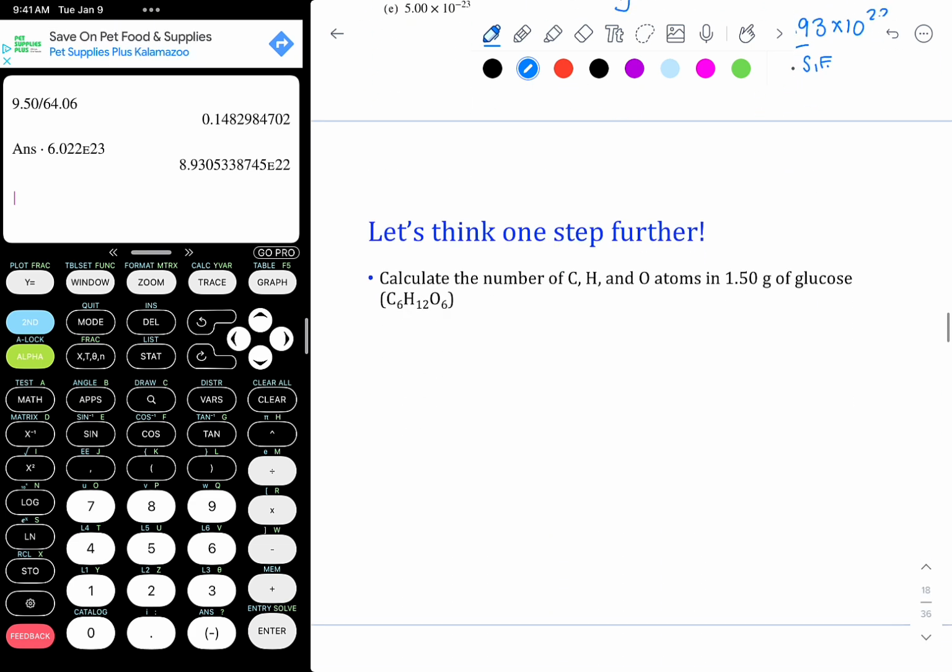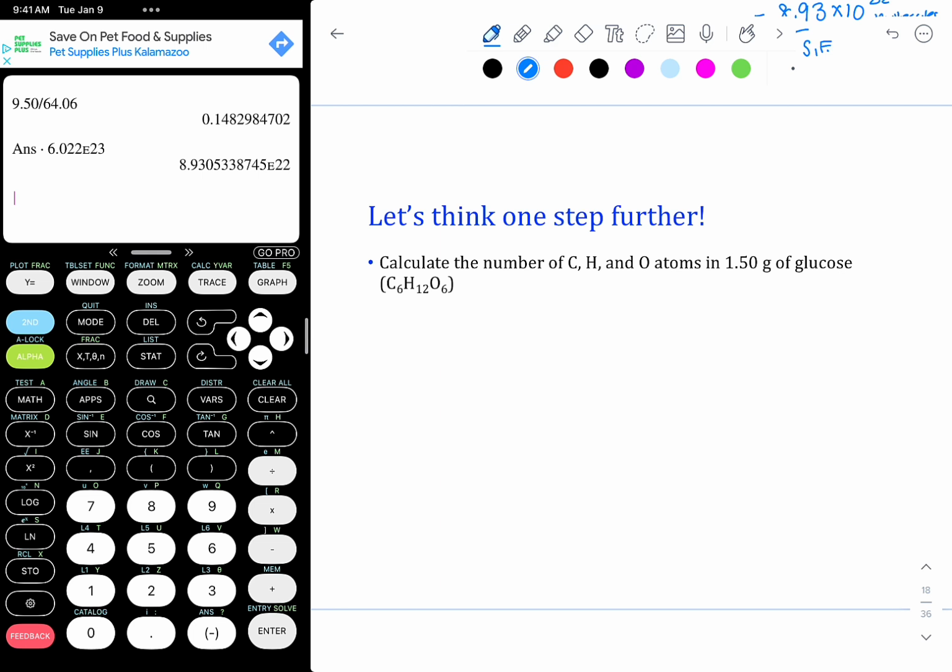Okay. Now let's take this one step further. So this question, I want to know the number of carbon, hydrogen, and oxygen atoms in 1.50 grams of glucose.